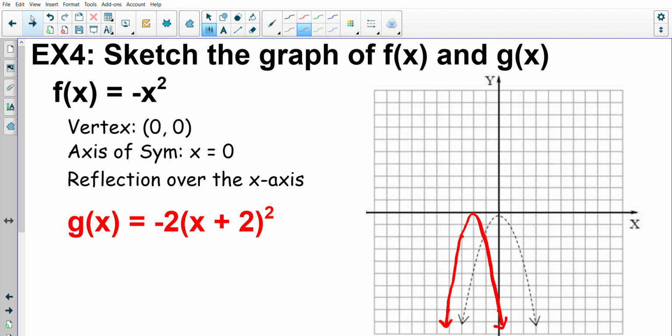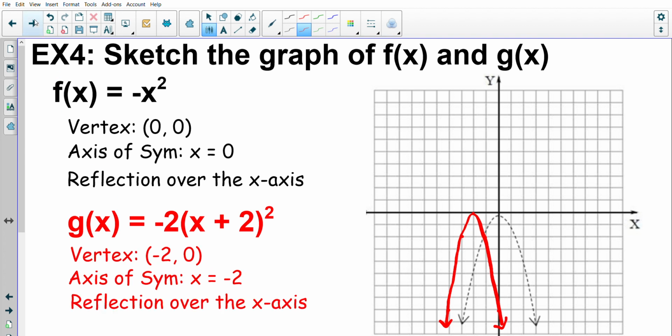I'm still going to shift it to the left 2. And remember, inside the parentheses, that number tells us whether we go left or right. This tells us we go to the left 2. So my vertex is at (negative 2, 0), and my axis of symmetry is at x equals negative 2. It's still a reflection over the x-axis, and it's a vertical stretch by a factor of 2.